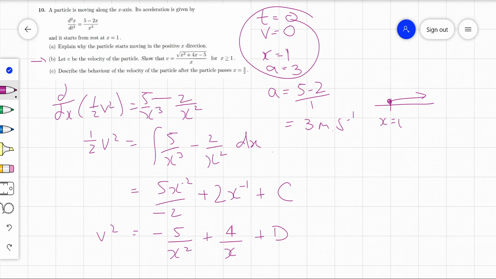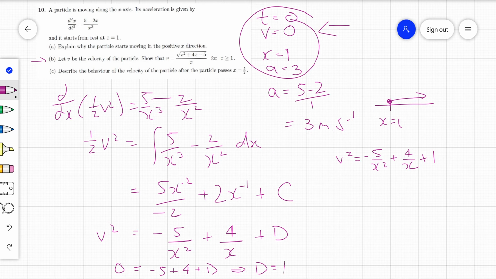If v equals 0, and we know v equals 0 when x equals 1, then 0 is minus 5 plus 4 plus d, so d will be equal to 1. So we get v squared equals minus 5 on x squared plus 4 on x plus 1.